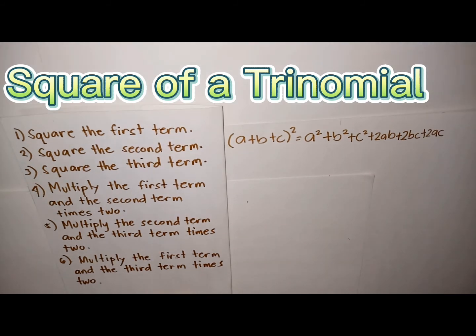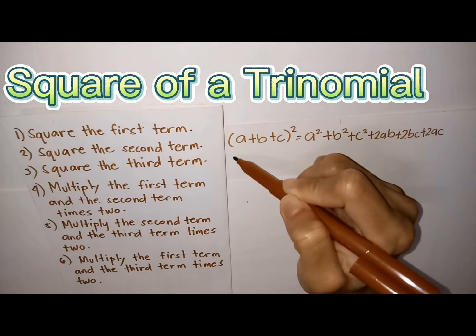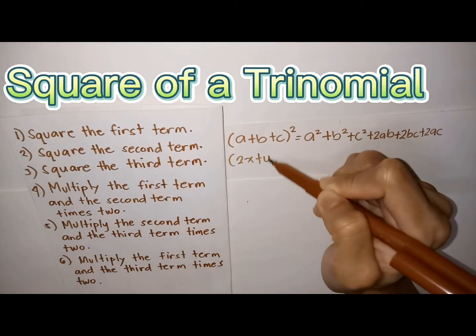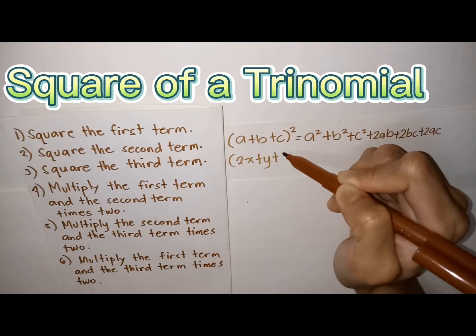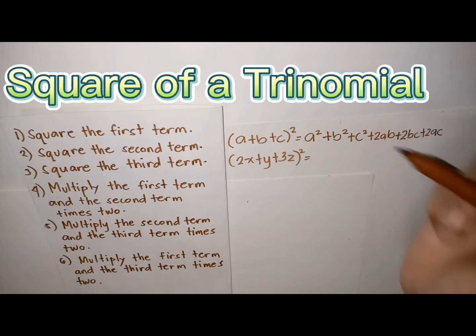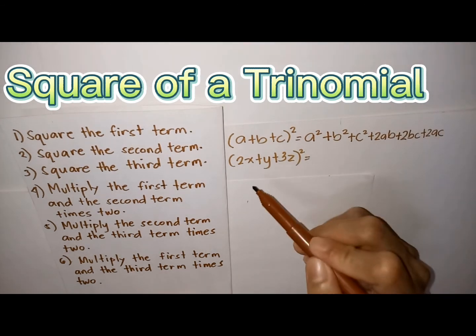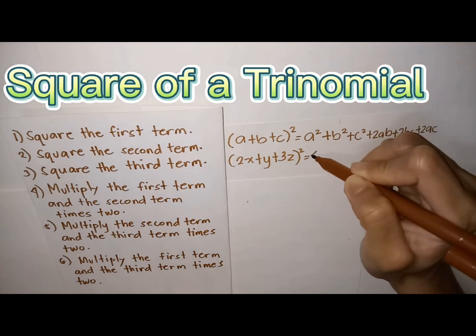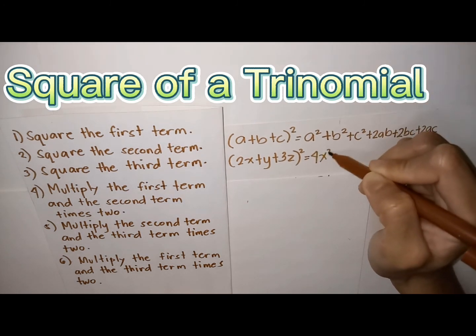Okay, let's do this example. We will square the quantity 2x plus y plus 3z. So first step, square the first term. That is 2x times 2x. That is 4x squared.